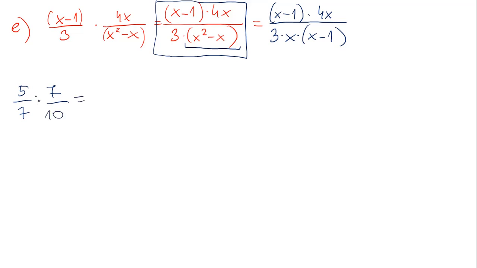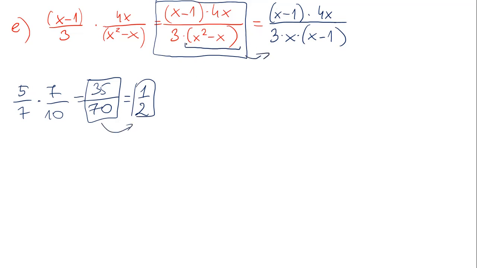And if I multiply the top numbers and the bottom numbers, I get 35 over 70. So of course this is the result of the multiplication, but we don't leave it like this. We want to make it in short terms, in the simplest way. So of course it is 1/2.